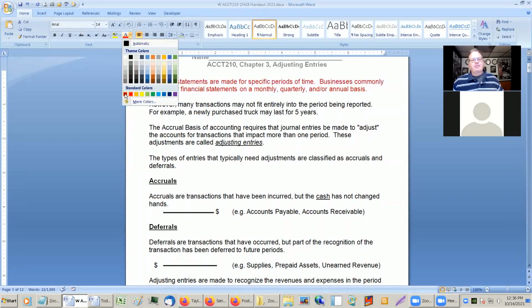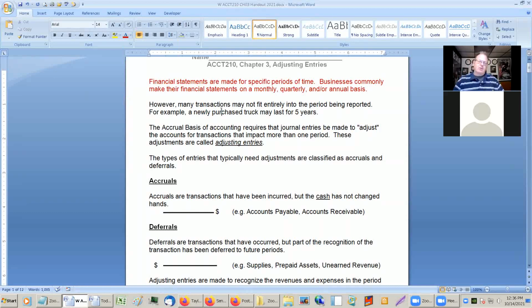Financial statements are made for a specific period of time, for instance, the net income for the year 2021. The problem you have is that a lot of transactions will go for more than 1 year. For instance, the second one here, we talk about the truck.